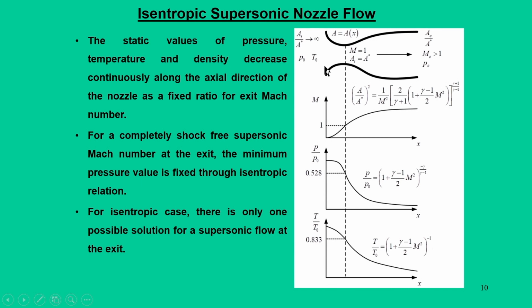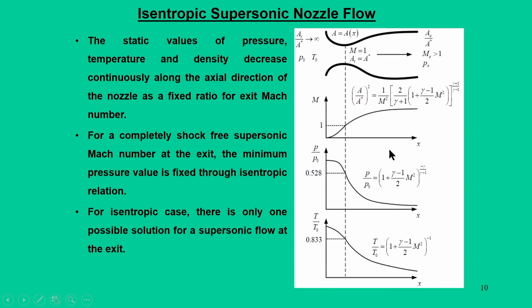That means, for a given nozzle, if you want a Mach 6 nozzle, then if you put the Mach number here, you will get the P by P naught value, and that is the minimum pressure that you must keep. If you put it below this value, the flow will be supersonic. If you keep any value above this, the flow will not be supersonic.